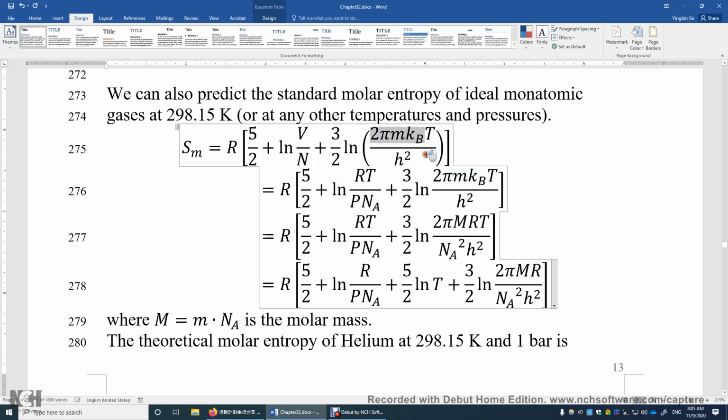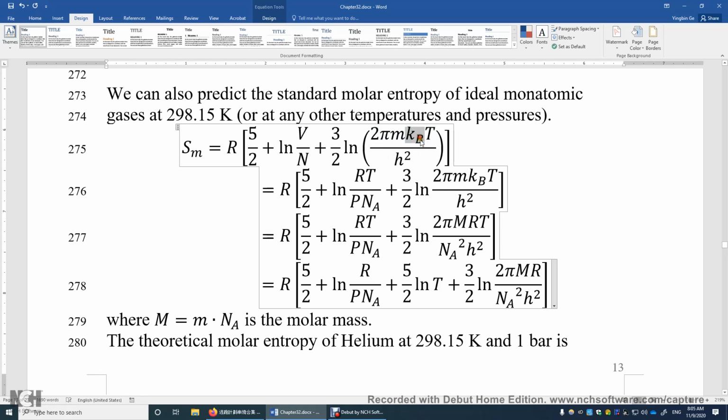Now let's look at this part. This part is a bit difficult to calculate numerically because somehow you need to know the mass of one individual atom or the mass of one individual molecule. So my trick is I multiply this m by the Avogadro constant so that I can put molar mass on top. But of course, you need an Avogadro constant on the bottom.